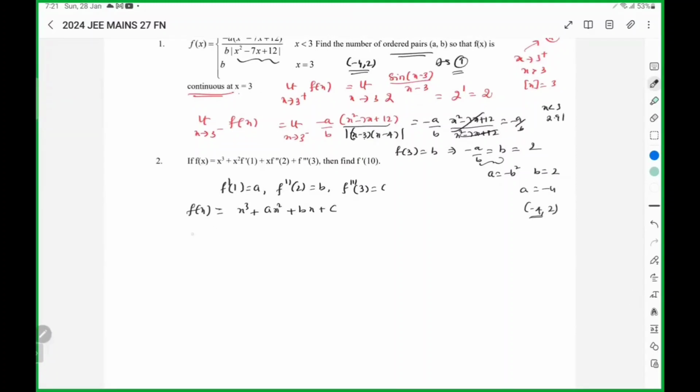So f dash x, if you consider 3x square plus 2ax plus b, f double dash x 6x plus 2a, f triple dash x will be 6.